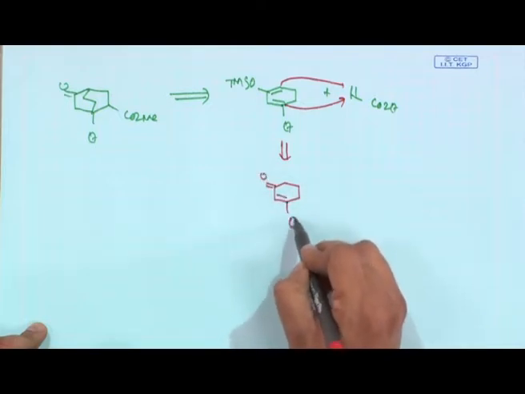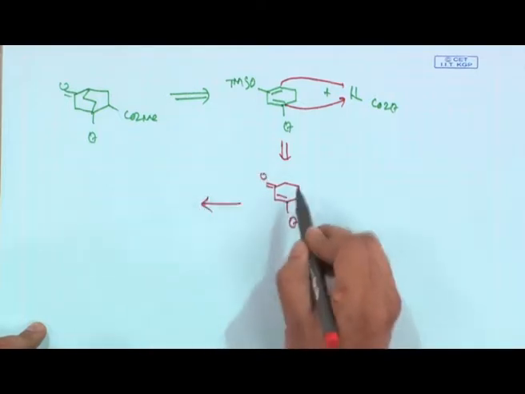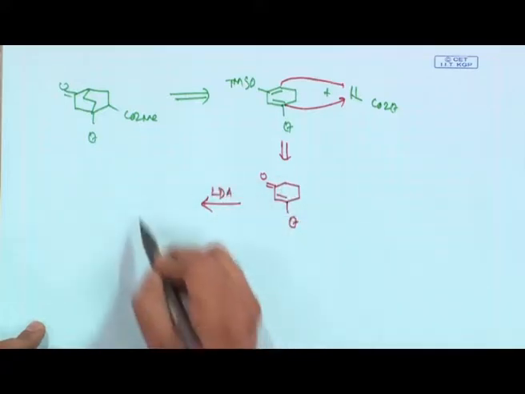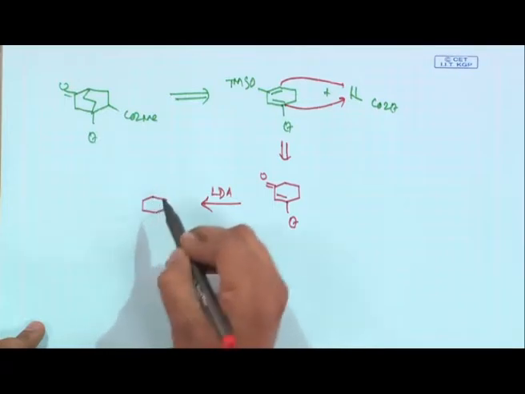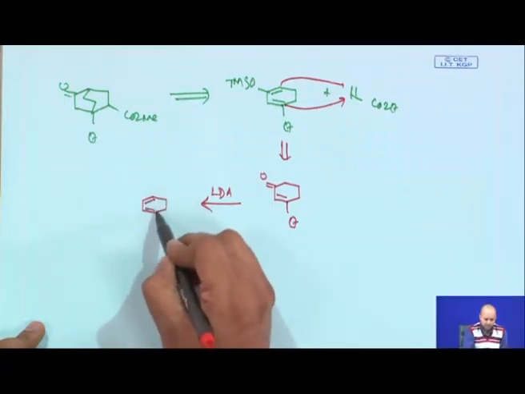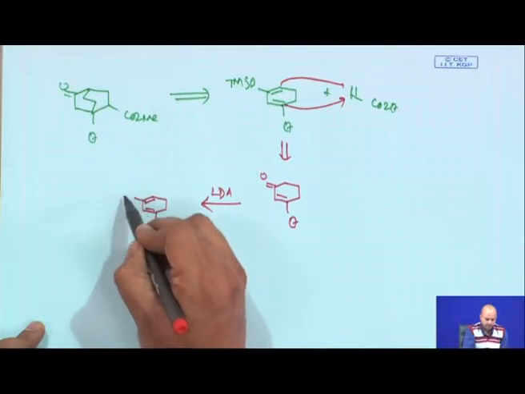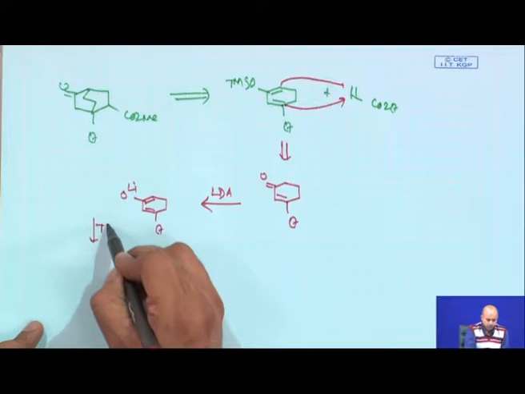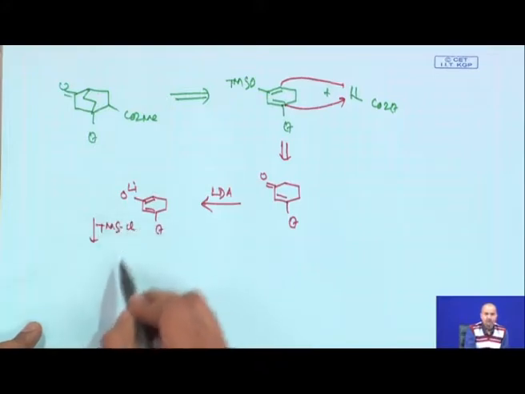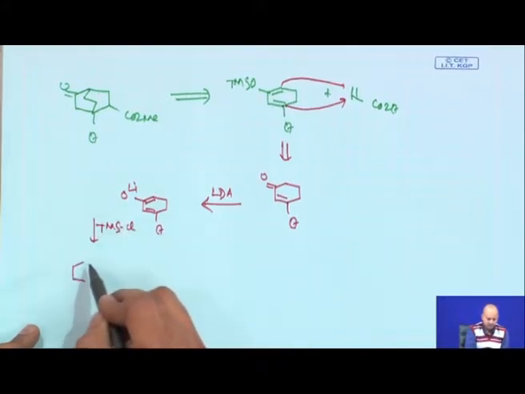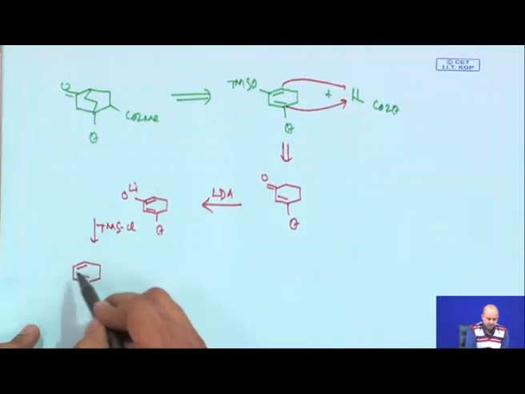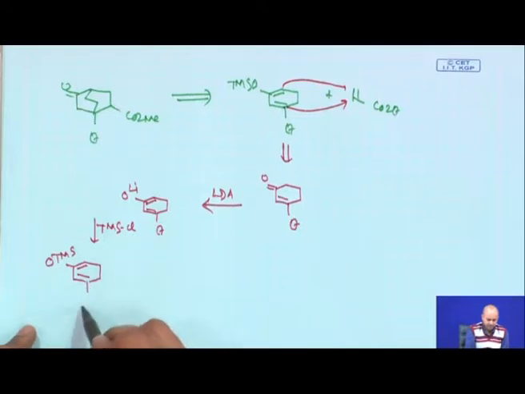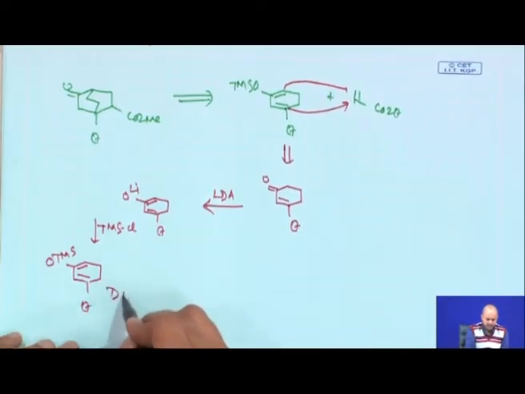Now, this compound can easily be constructed if you have this ethyl. What do you do? You first pick up this acidic hydrogen with a base, LDA, and initially get the enolate, O Li. Now you react this with TMS chloride, trimethylsilyl chloride, and you get the enol silyl ether, OTMS, which acts as a diene.